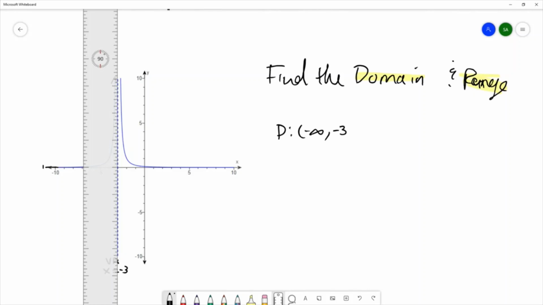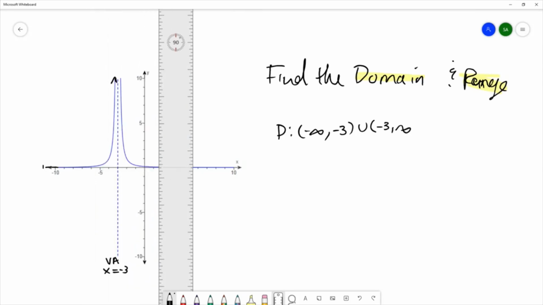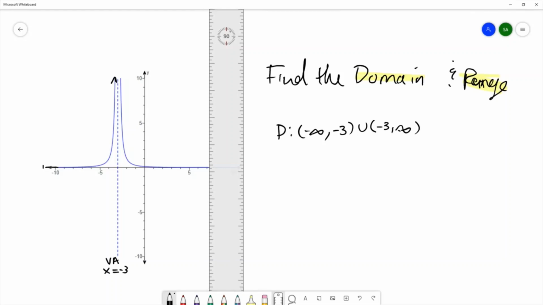Then the graph continues right after that vertical asymptote. So the domain starts again at -3 and continues on to infinity. Now this is the domain written in interval notation: -infinity to -3, union with -3 to infinity.